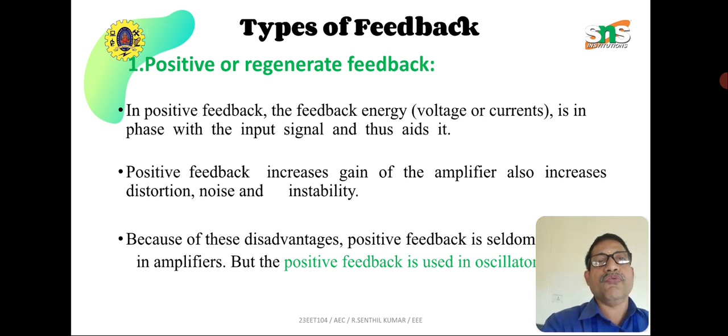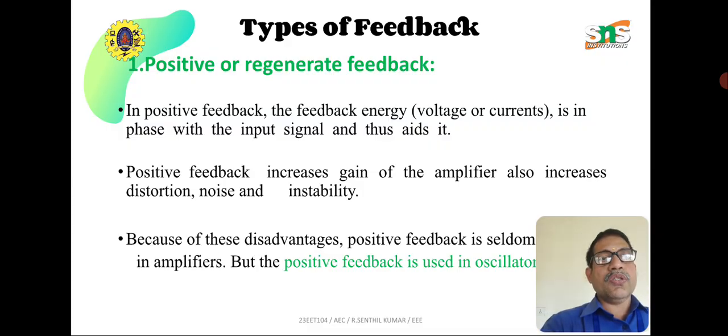In the positive feedback, the feedback energy, it may be the voltage or the current parameters, is connected in such a way that it is in phase to the input signal, then it is said to be a positive feedback. Whereas in the negative it is out of phase, right?